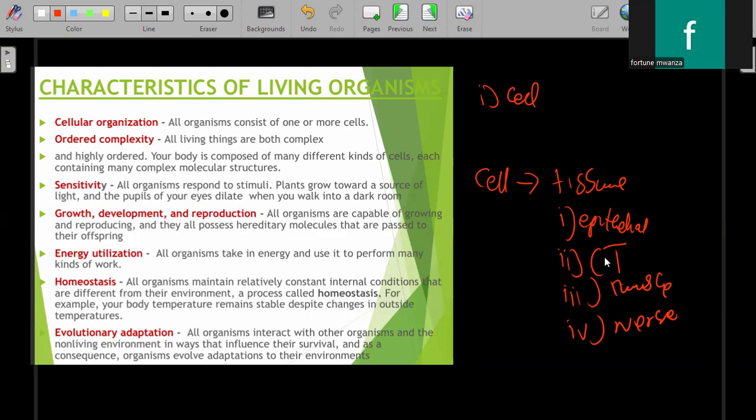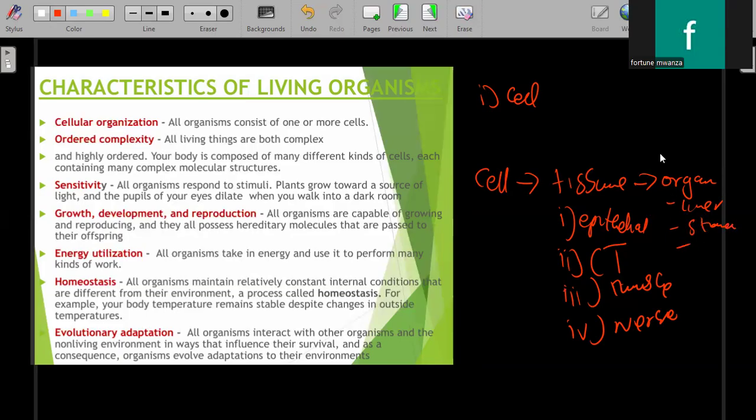Now these different types of tissues can come together to form an organ. There are different types of organs. You can have the liver, you can have the stomach. You can have different types of organs.